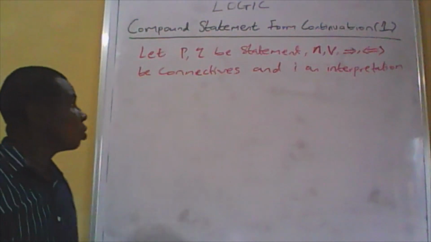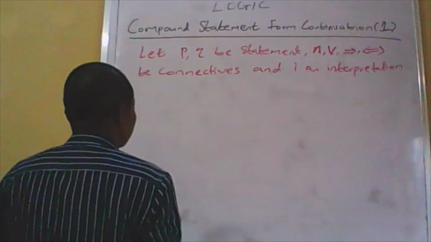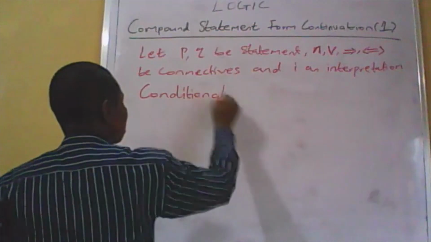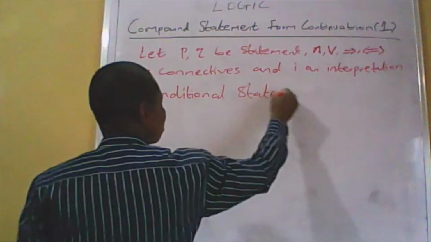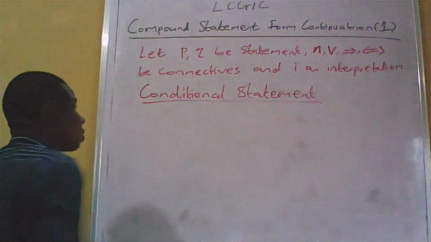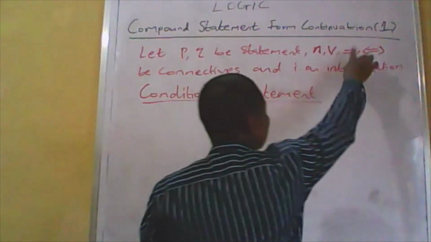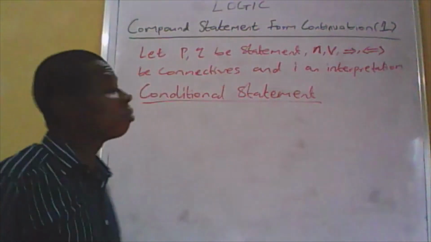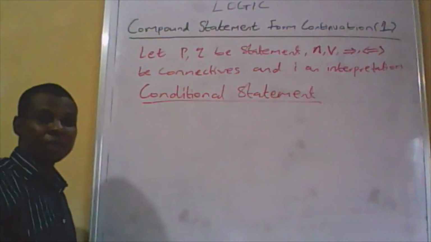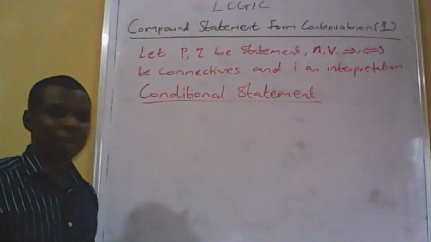We are into conditional statement. Now we are going to use the implies connective, that means conditional connective, to define conditional statement by using it to combine two statements together as a compound statement.